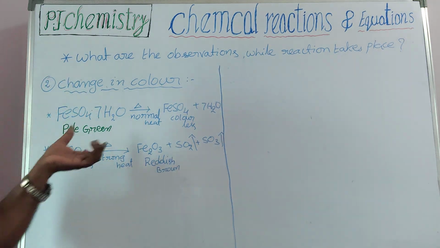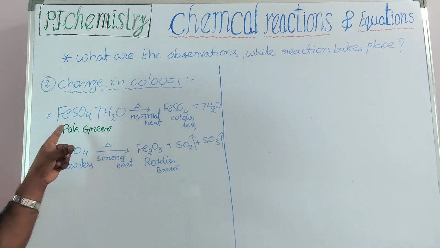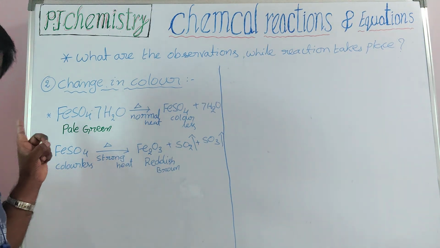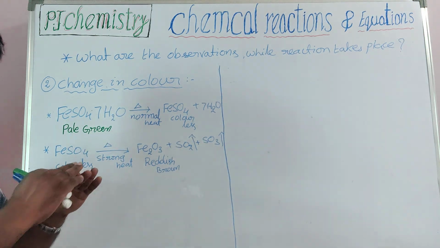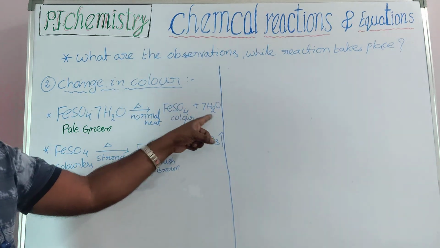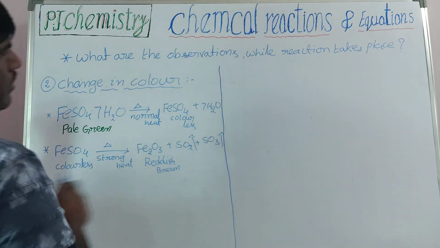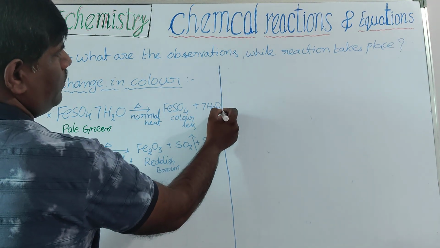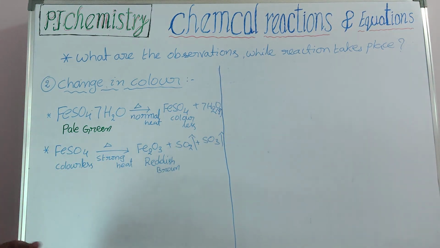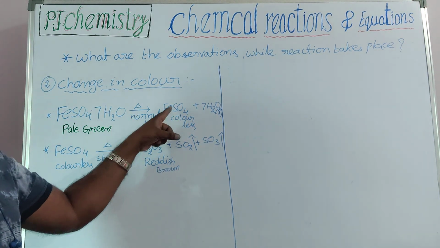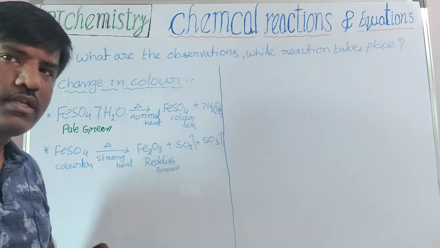Once again, I have written here, change in color. Ferrous sulfate crystal is pale green or dirty green color. When we give normal heat, the water molecules evaporate. 7H2O evaporates, turns into gaseous state and goes out. The remaining residue FeSO4, ferrous sulfate, becomes colorless.